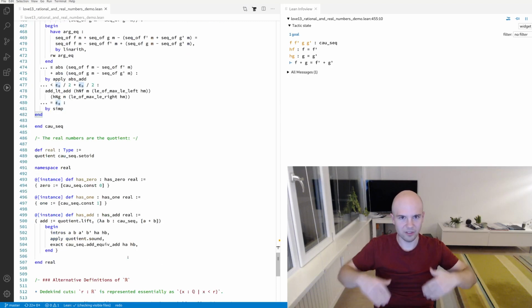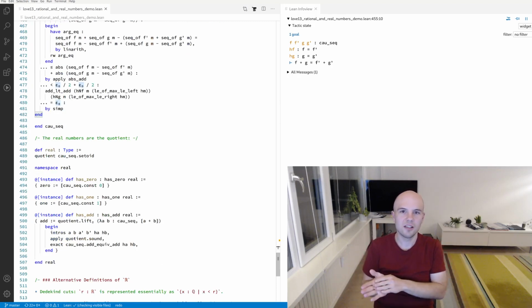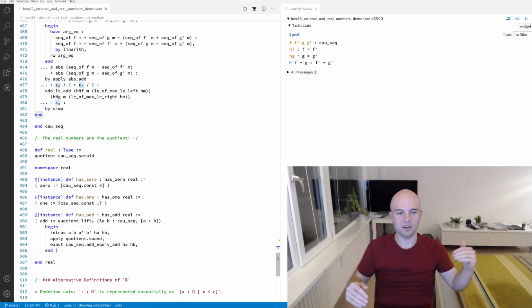So by lifting to the quotients, and the quotient of the Cauchy sequences is the real numbers. And here, well, we get 0, which is the lifted version of the constant 0 sequence. We get a 1, which is the lifting of the constant 1 sequence.